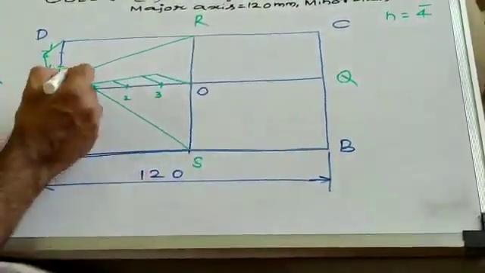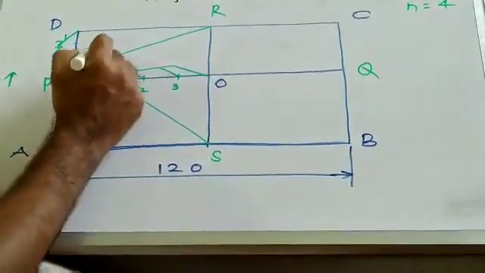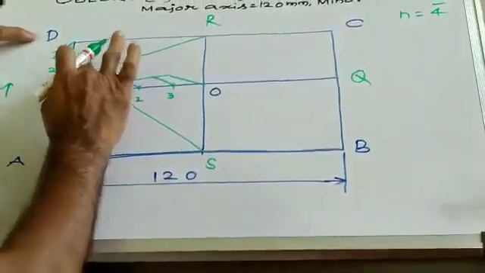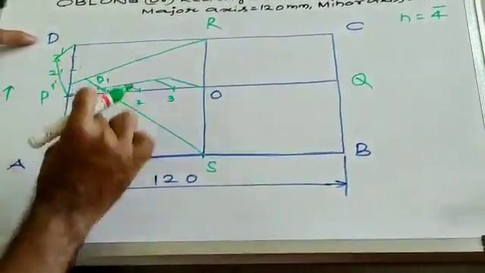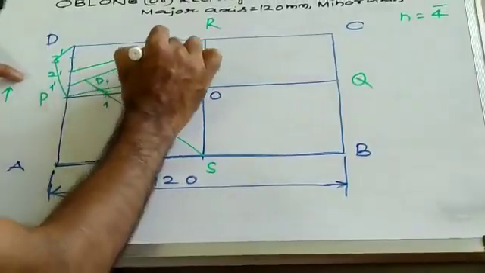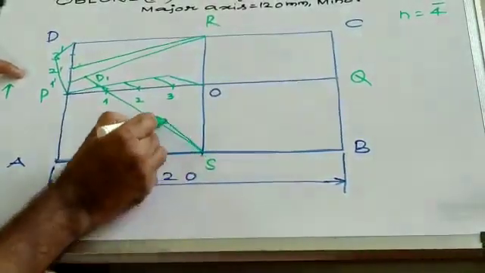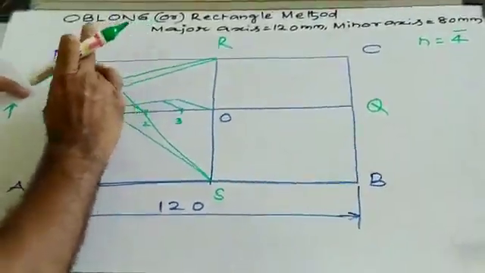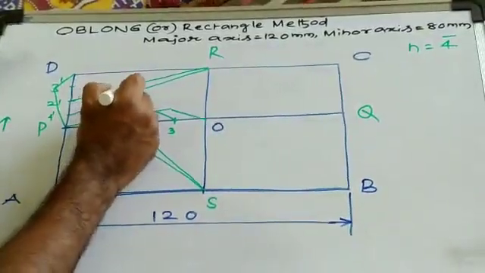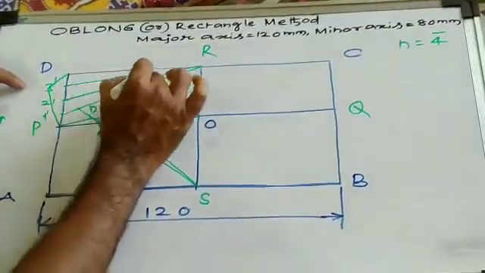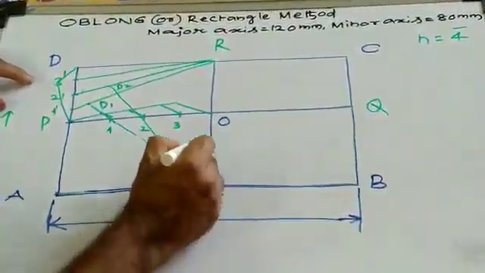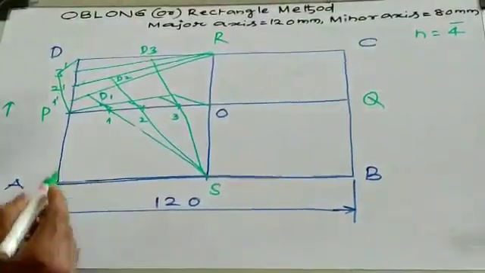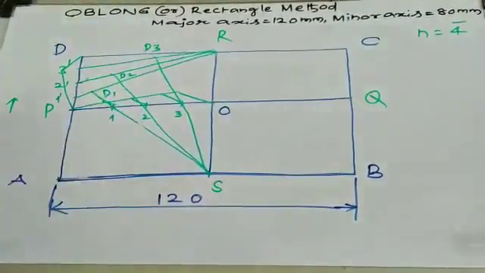S1 is going to be extended up to R1 dash, it becomes D1. 2 dash R, S2, it becomes D2. 3 dash R, S3, it becomes D3. You obtain D1, D2, D3 points.